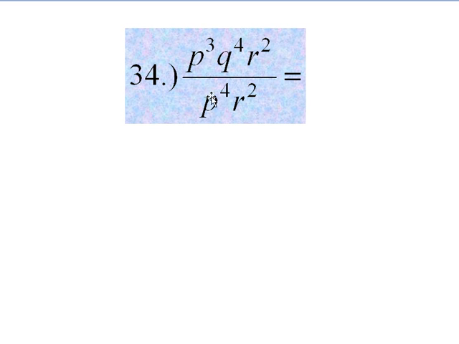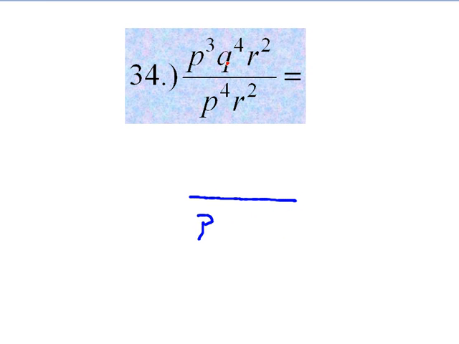Okay, I'm going to help you with this one. This is what we were talking about with putting what's left down. So we have p to the third on top and p to the 4 on the bottom. We have an extra p, the 3's cancel out, and we have an extra p on the bottom. So let's put that p down on the bottom.